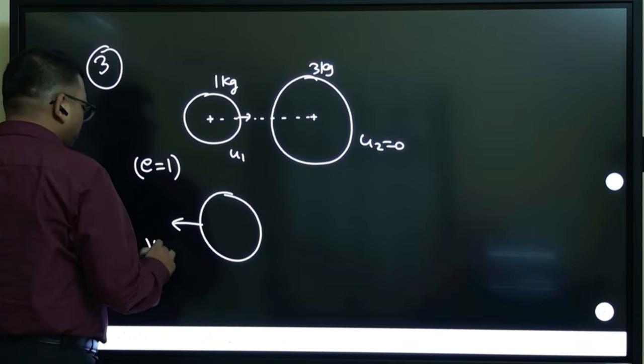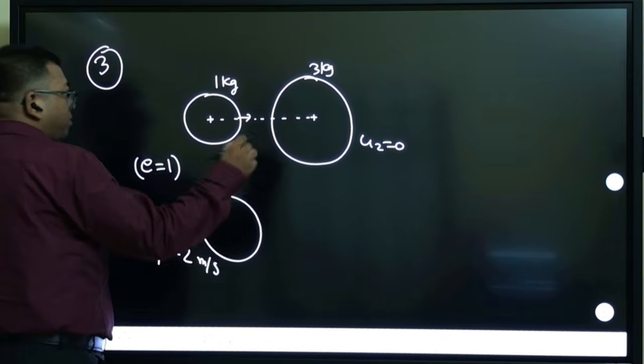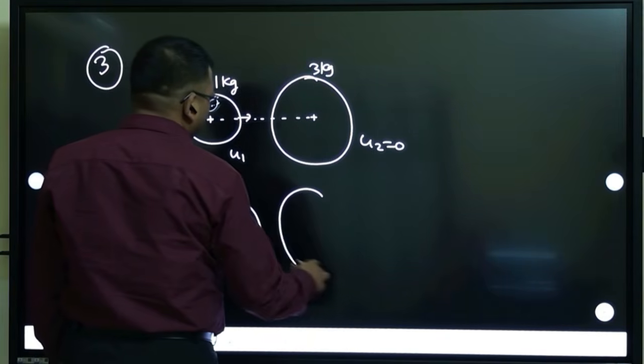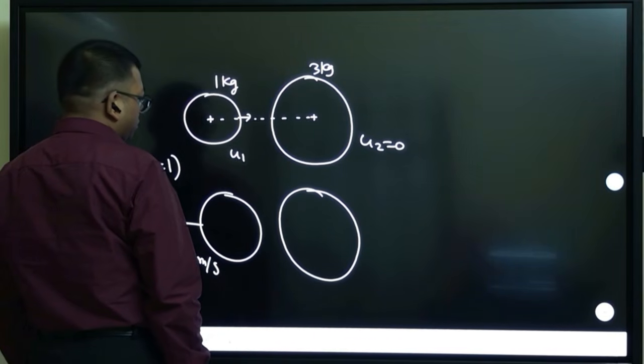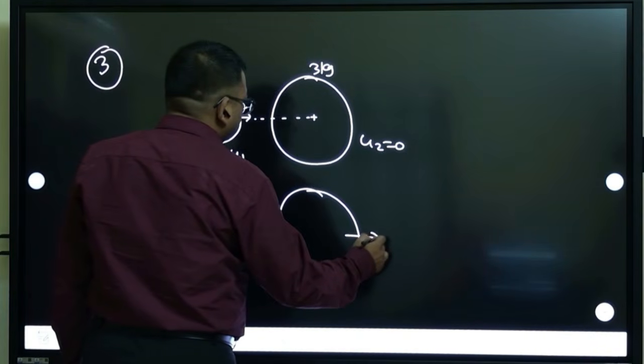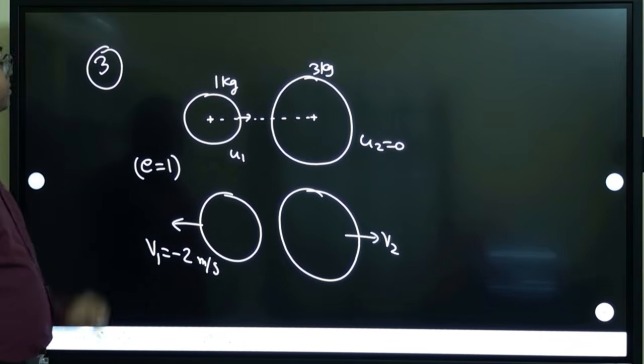So this V1 becomes minus 2 meter per second. What about that body, the bigger body? It may be going in this direction with some velocity. We do not know.